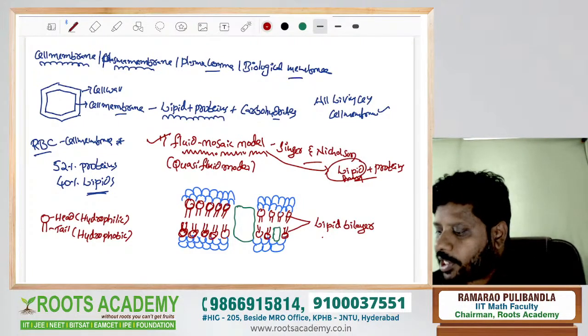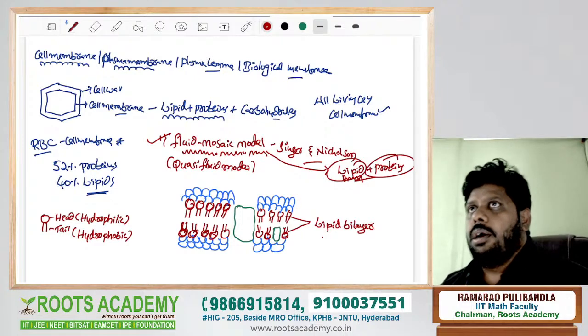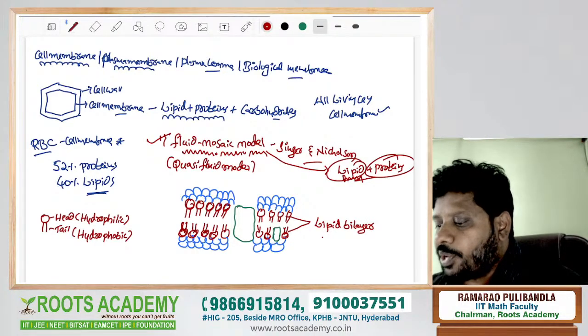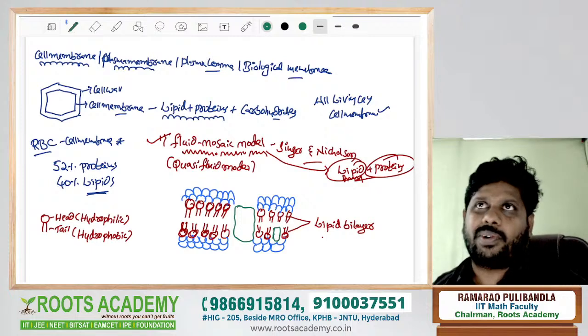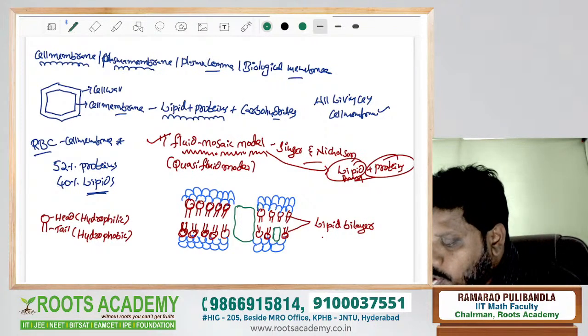And after the lipid, the second part is protein. Two types of proteins are present. Some proteins are present outside the lipid bilayer, this one.